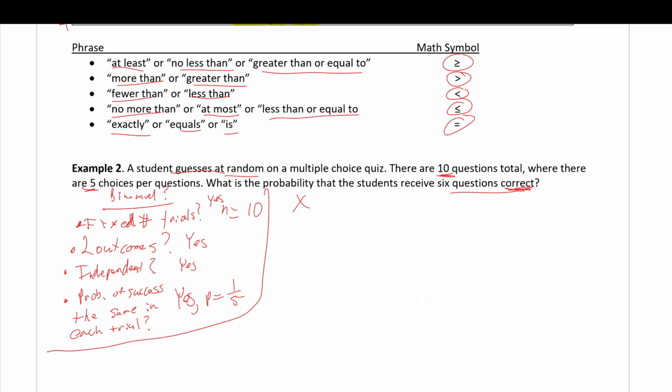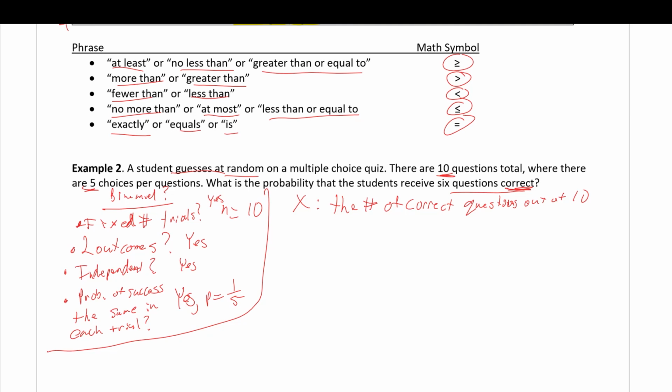So let x be the number of correct questions out of 10. So it can range from 0 all the way to all 10 of them being correct: 0, 1, 2, 3, 4, 5, 6, 7, 8, 9, 10.